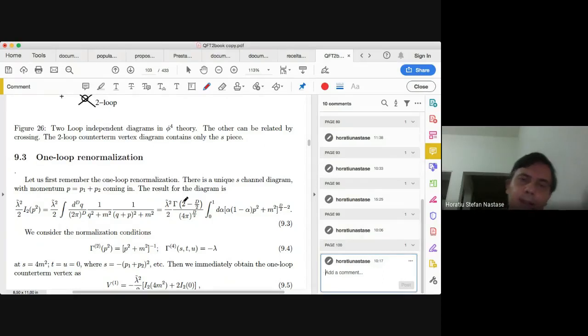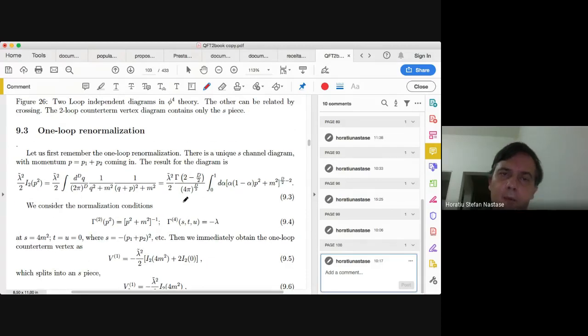The next thing to do is to consider a normalization condition. We could have used a minimal subtraction scheme, but it's not useful. What's more useful, and also more physical, is to consider a normalization condition. As I said, this corresponds to something physical: that the propagator at some scale is given by the classical one, and the vertex is also the classical one.